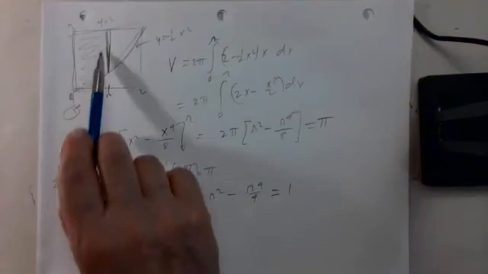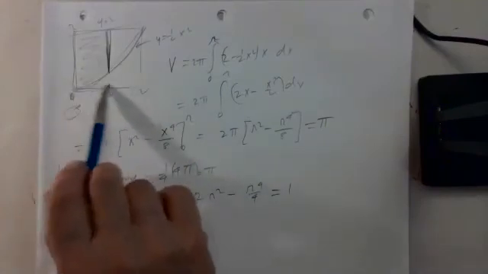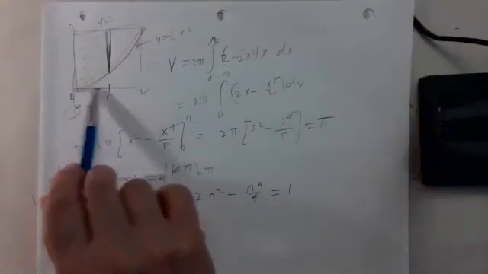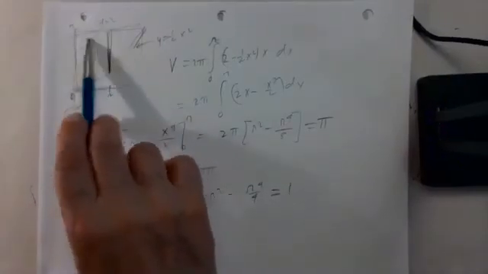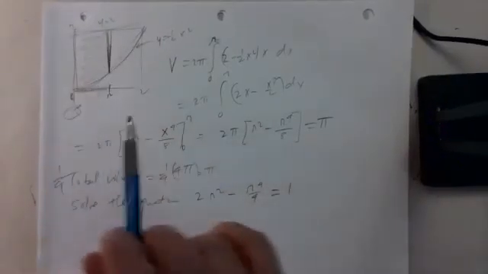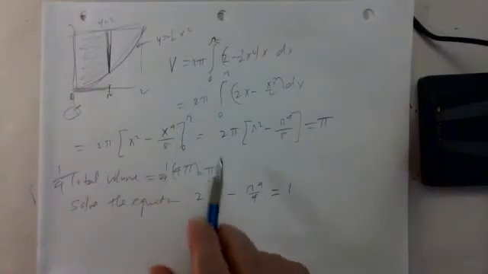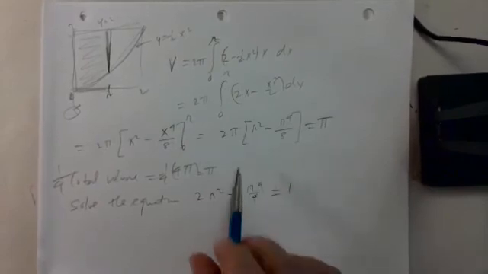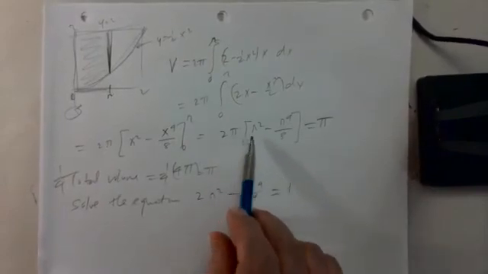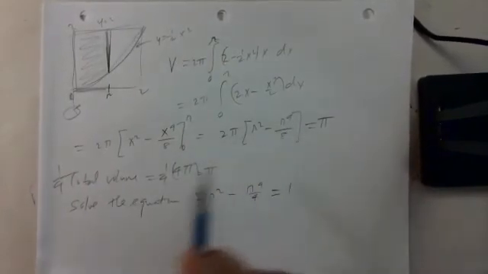So the question is, if you take a hole of radius r, what is the volume of this? As a function of r, if I did this arithmetic correctly, it's equal to 2 pi r squared minus r to the 4th over 8.